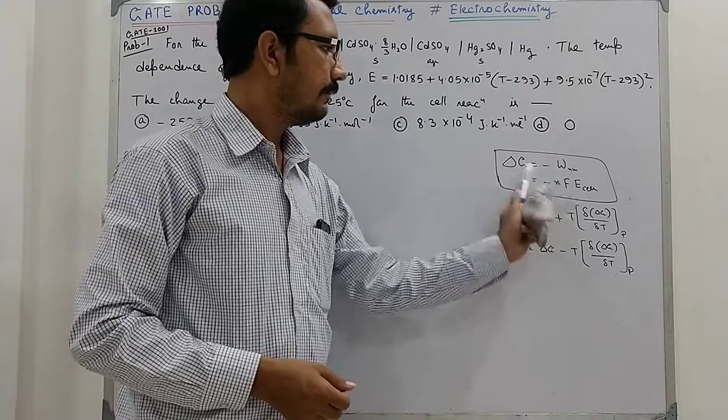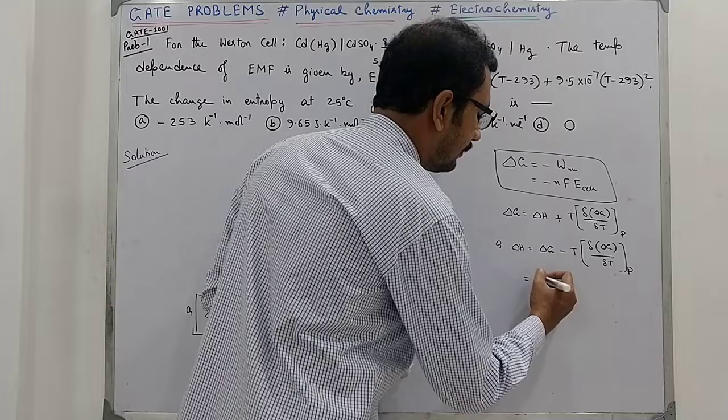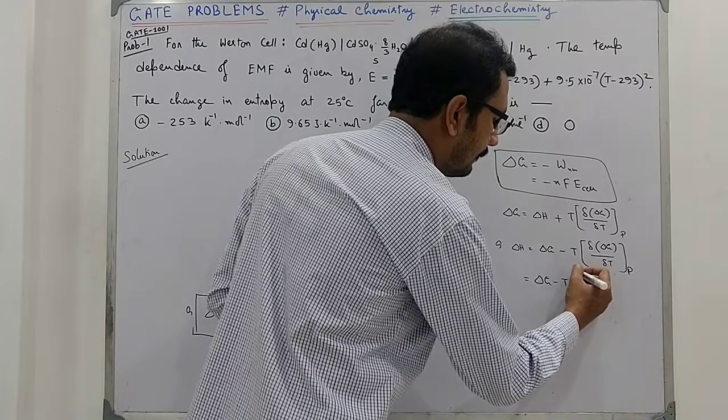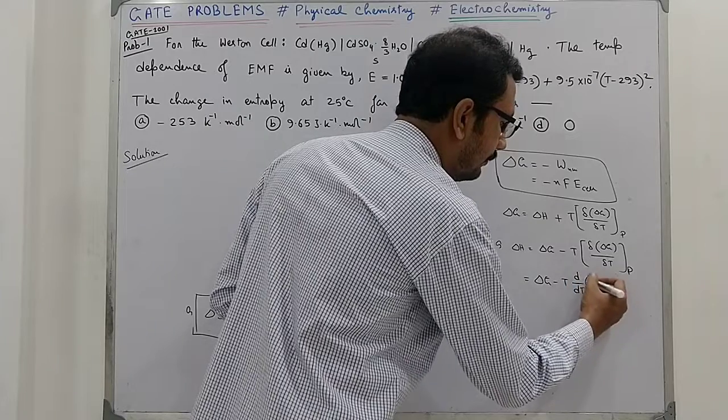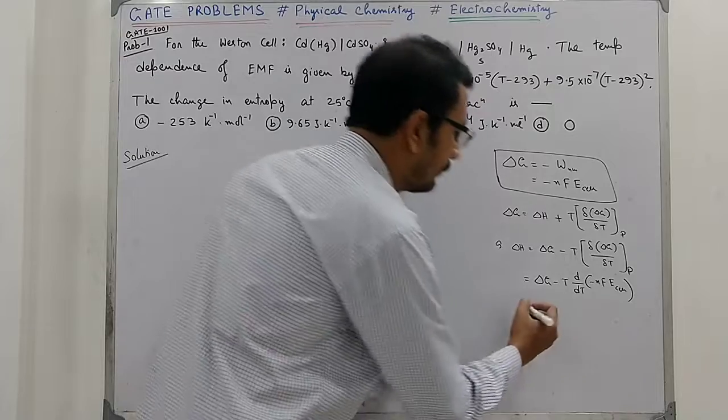Now put here this value minus nF E cell in place of ΔG, so it will be ΔG minus T d/dT of minus nF E cell.